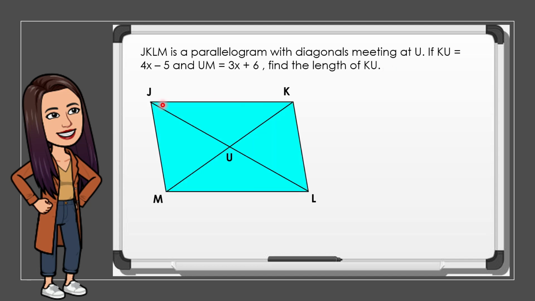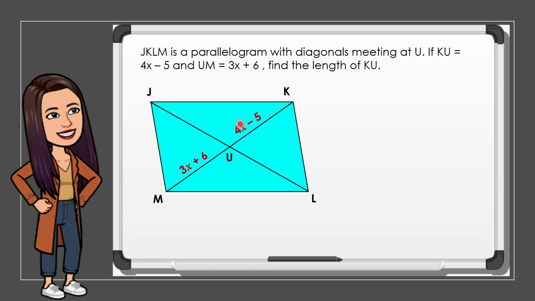Therefore, this one is our parallelogram JKLM, in which the diagonals meet at U. So, from our situation, it says that KU here is equal to 4x minus 5, in which UM is equal to 3x plus 6. Our goal here is to find the value of KU.